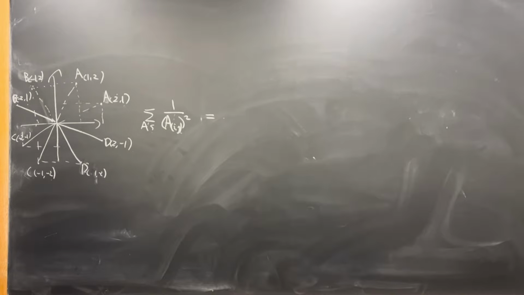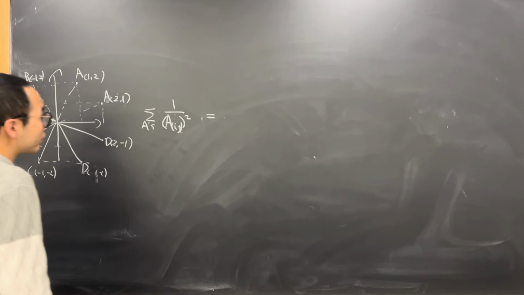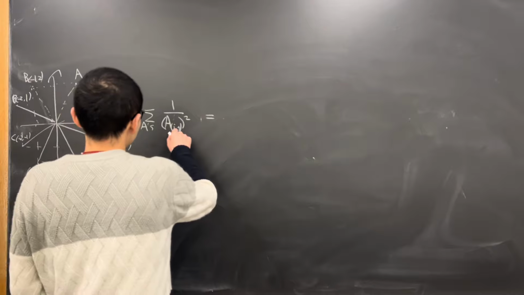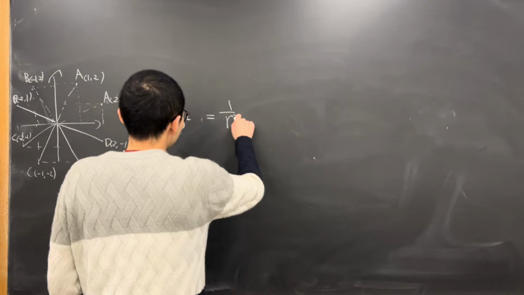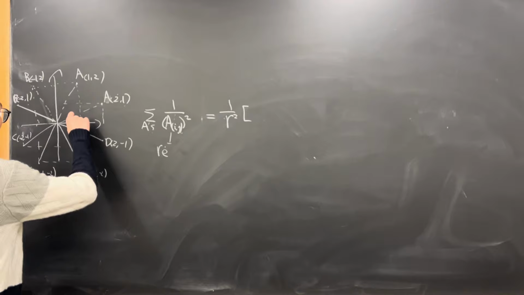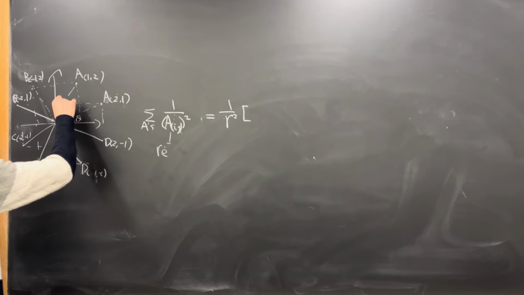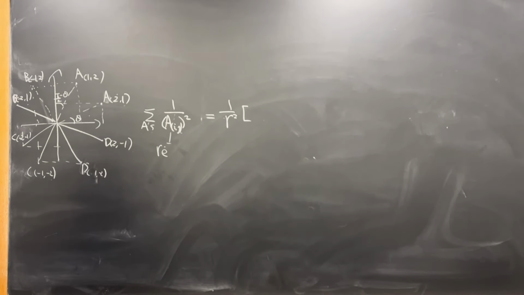So here what we do is we calculate for angle theta. Remember that each point is r e^{i theta}, and when we plot this there is a 1 over r squared, and then there are various thetas. I use this theta, and then this is pi minus theta, pi over 2 minus theta, and so on.